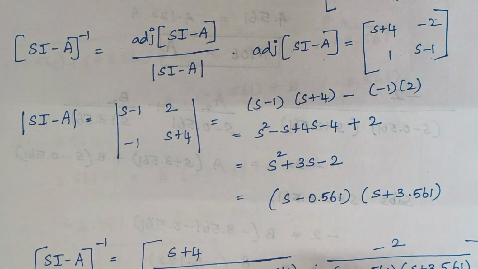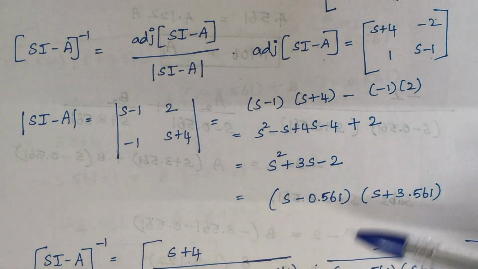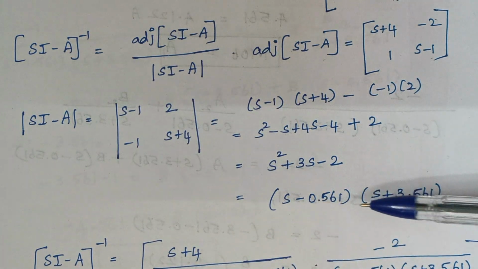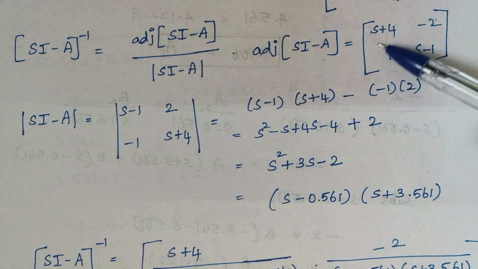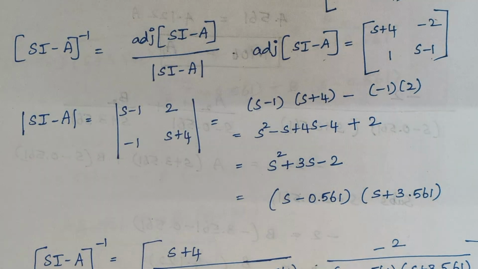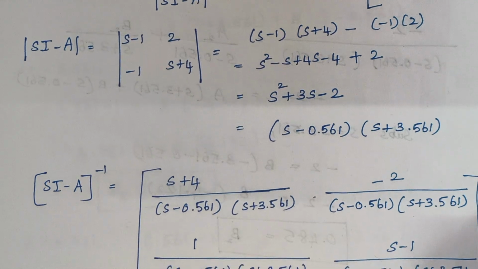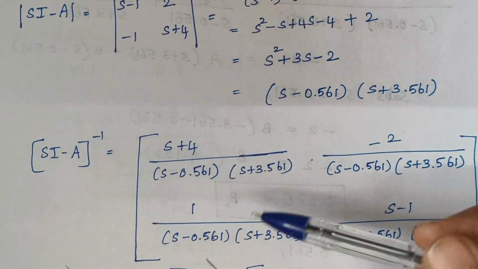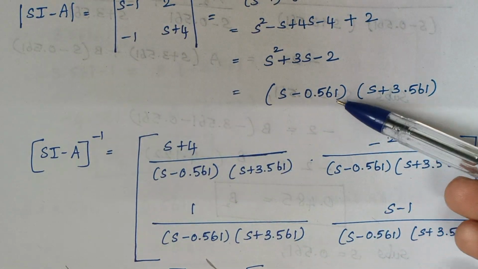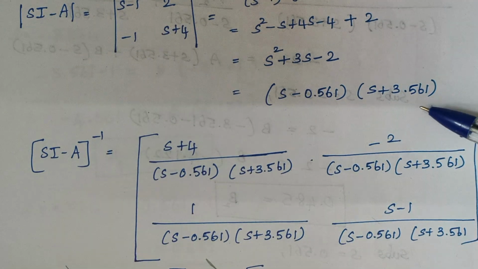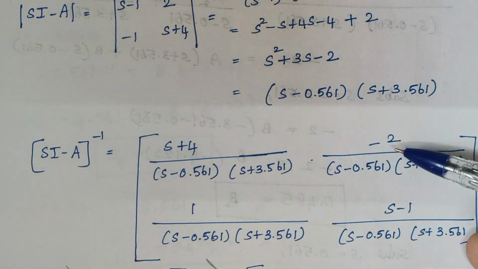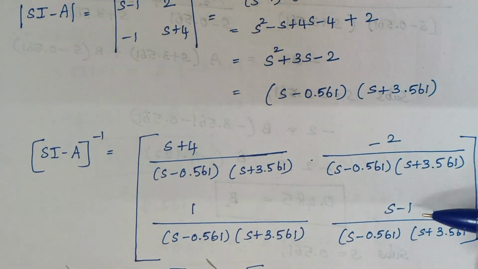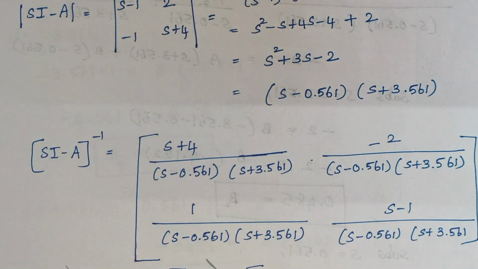Now we are just simplifying the terms further. I am writing this denominator for each and every term present in this matrix. So the values are S plus 4 by (S minus 0.561) into (S plus 3.561). Similarly for this minus 2, for this 1, and for this S minus 1.